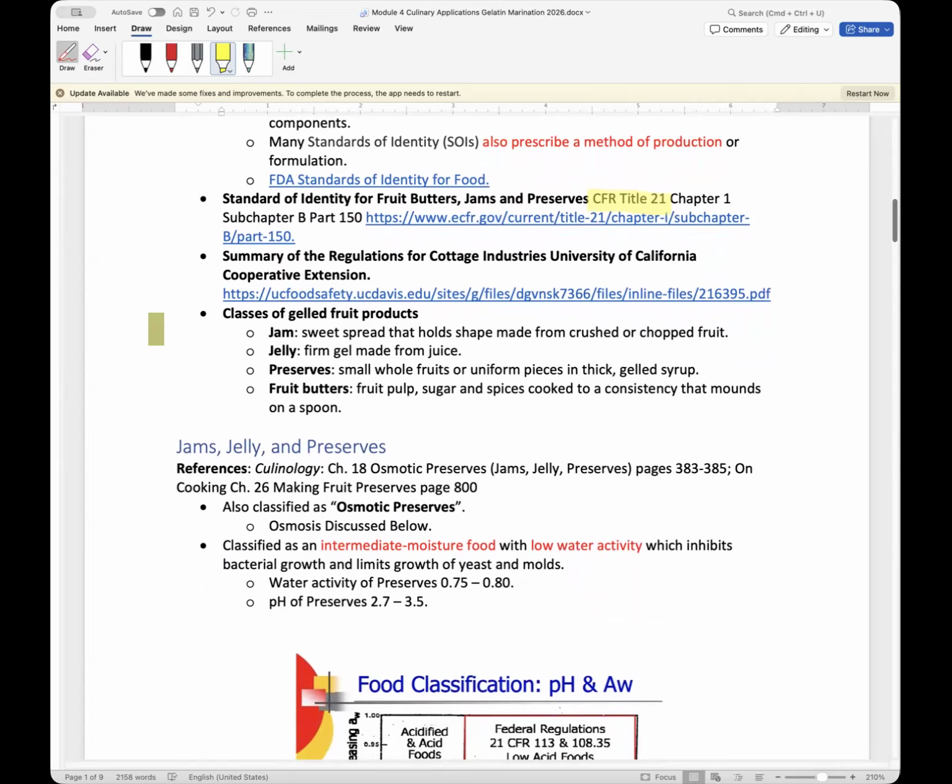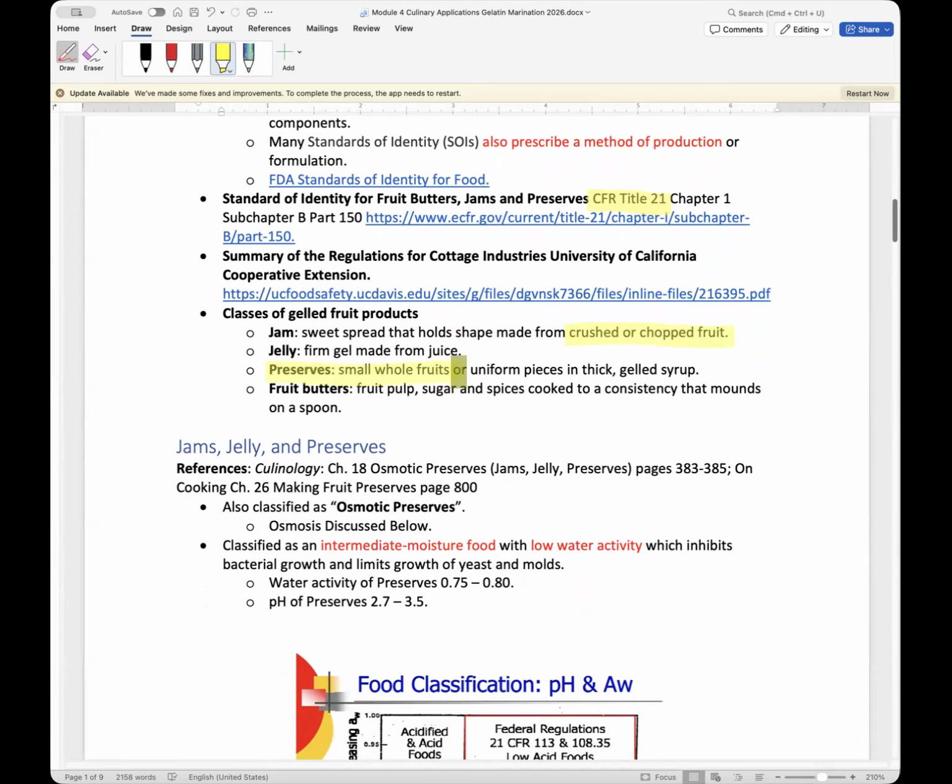The Standard of Identity has four different categories of gelled fruits. There's jam, and that has crushed or chopped fruit in it. There's jelly, which we think of like apple jelly or grape jelly, is a firm gel made from juice, but there are no little chunks of fruit in there.